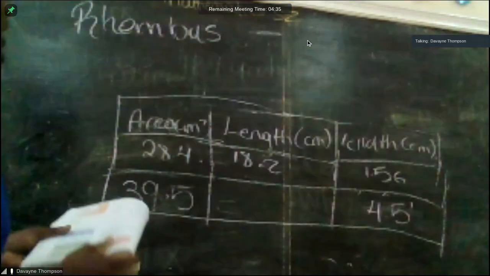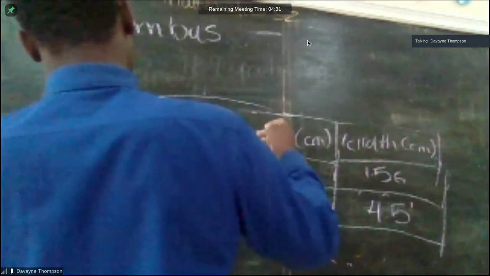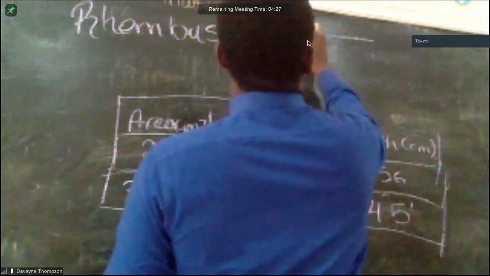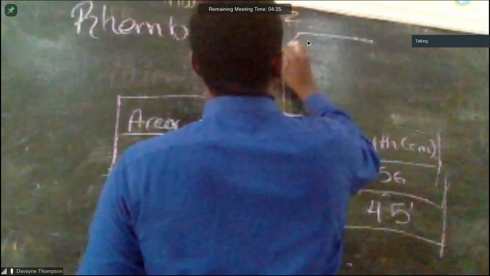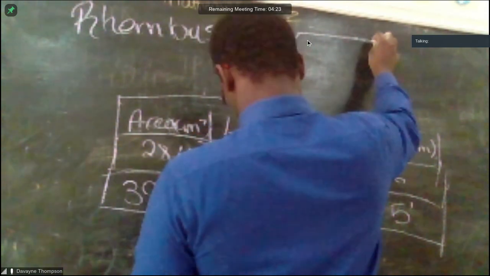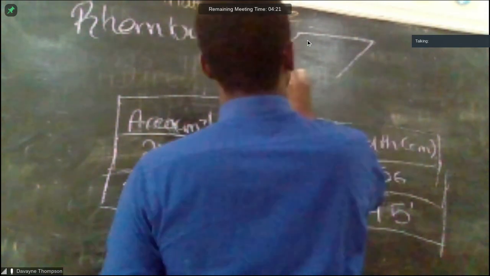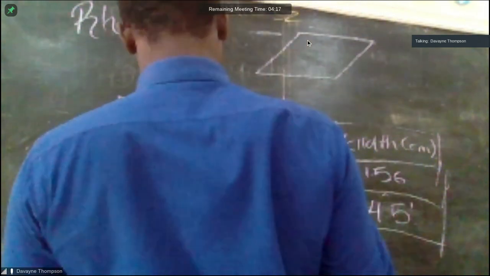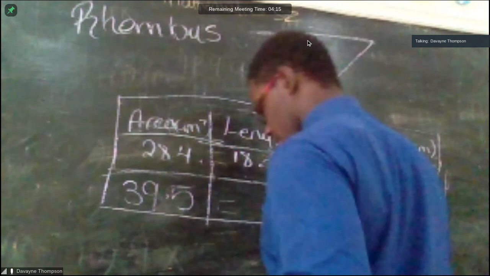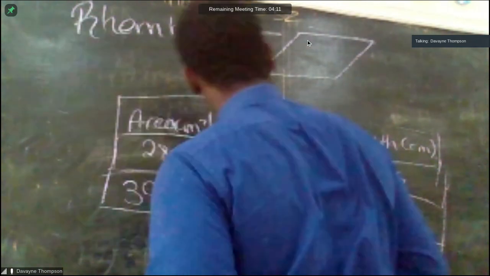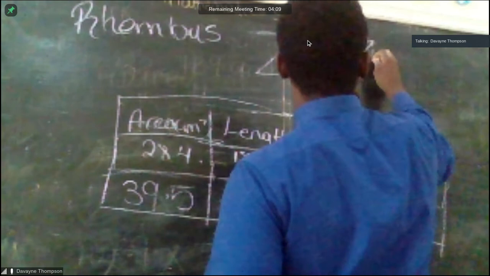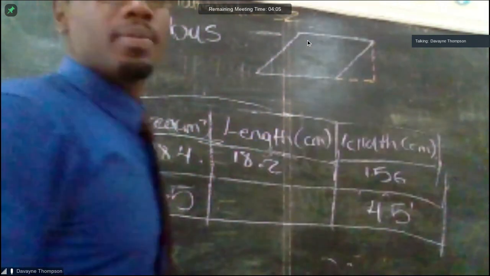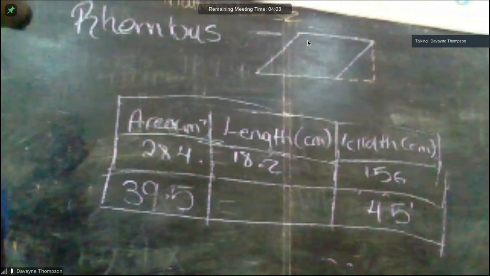So let me sketch a rhombus, and I want one person to tell me the formula. Here we go. And you're given a height. Now, what would be the formula for a rhombus?